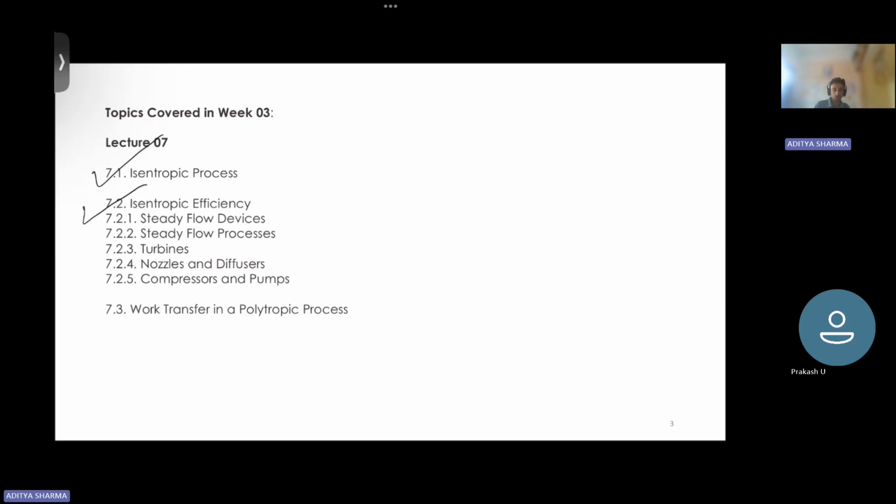I'll draw the diagrams for turbine and compressor. In this topic, we saw the efficiencies of turbines, nozzles, and compressors.